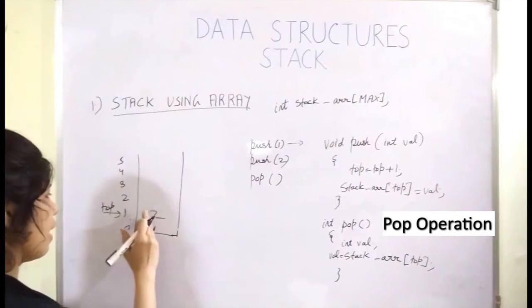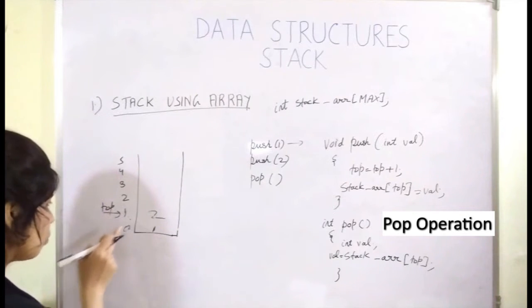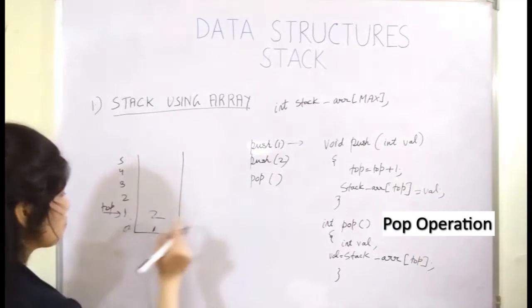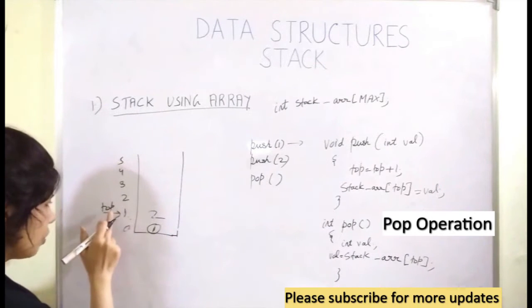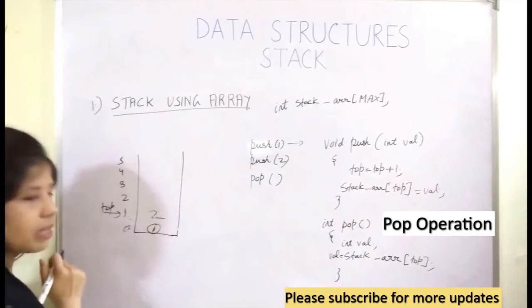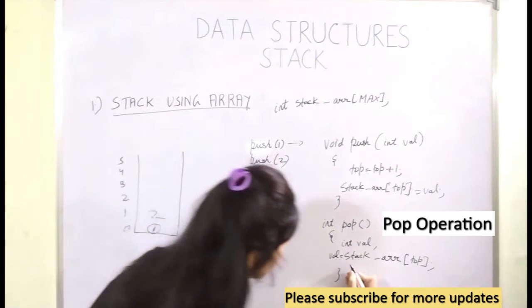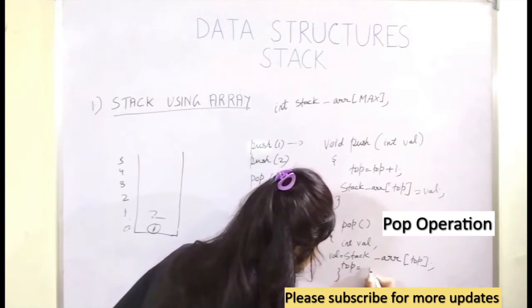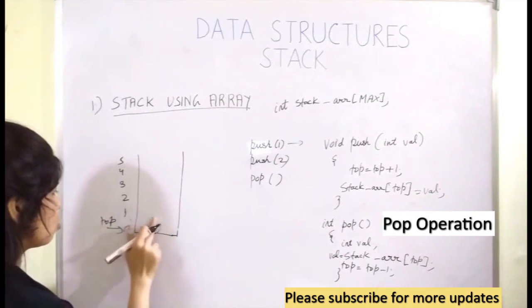Now I want to remove it actually. When this 2 is removed, what is left is this 1. So in that case, you can understand top should be decremented by 1. Therefore I will do top is equal to top minus 1. So my top is now here, since I have to remove this 2.